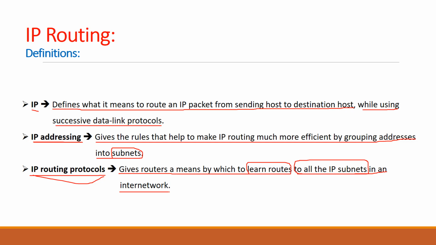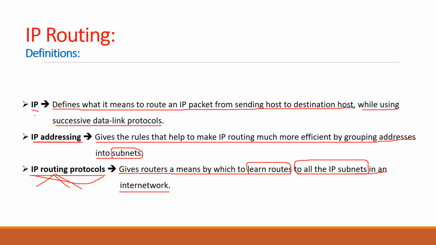We will know this in a later video. So we will not deep dive here, just know that IP addressing groups addresses into subnets. And the IP routing protocols give the router the means to learn the routes and to send packets to all IP subnets if you need.